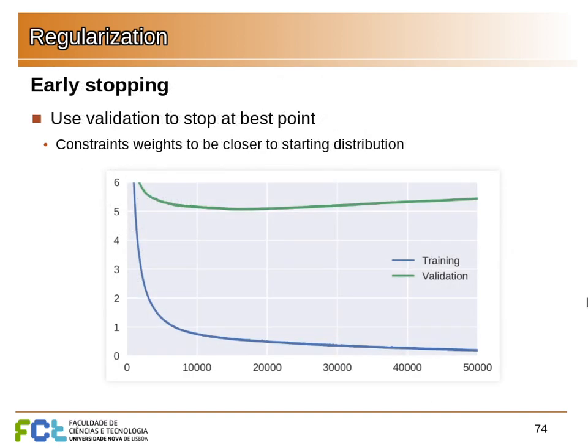One very used technique, and this is not a particularly good example, it was just one I was experimenting with, and this one came out like this. But this is just to show this plot here. You can see that the validation error goes down and then it goes up again.